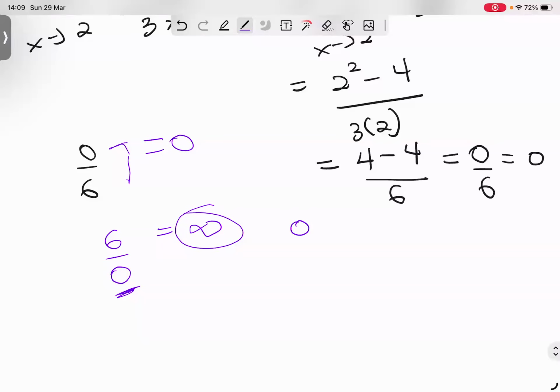What if I have 0 over 0? Is it defined? Are you sure? It's still undefined. Not undefined. So what is 0 over 0? Zero? It's not 0. One? It's not.